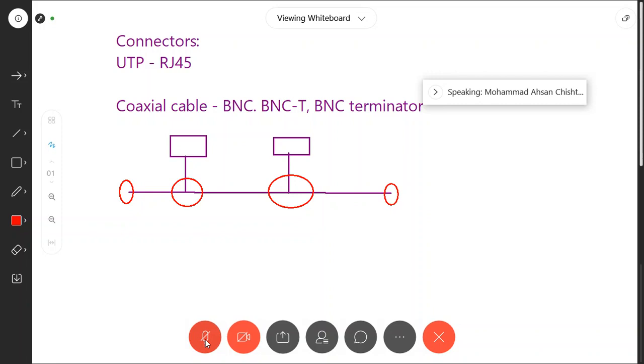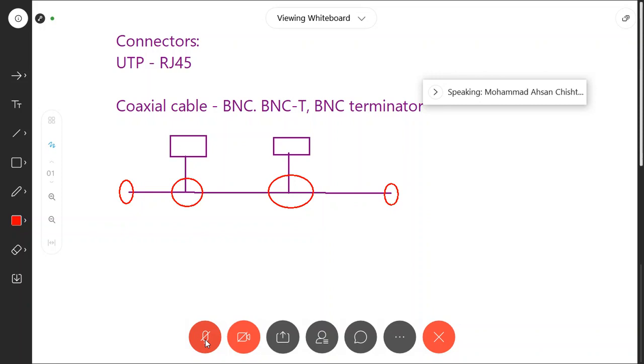Keep in mind, if I'm talking about cables, I'm talking about the physical layer. If I'm talking about connectors, I'm talking about the physical layer. If I'm talking about transmitters, TX, RX, transmitters and receivers that we have for wireless, this is part of the physical layer.